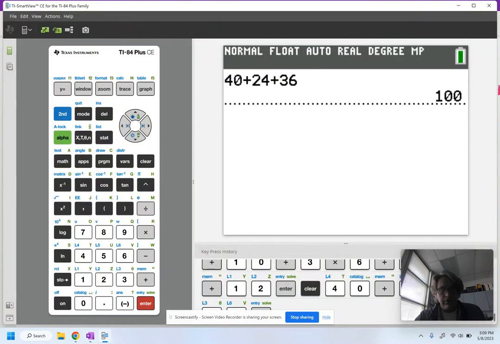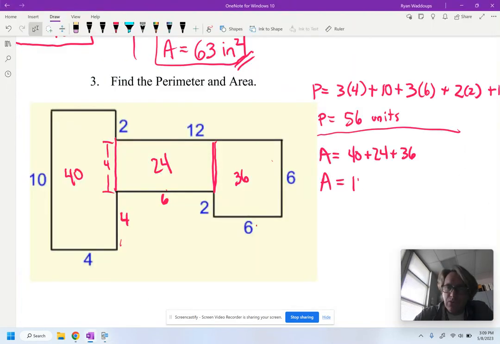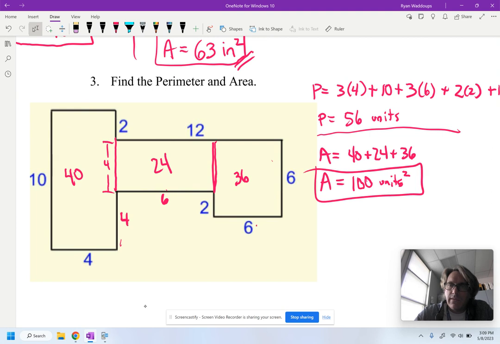And that's 100. And so this is 100 units squared, square units. So that is the answer for this problem of perimeter and area.